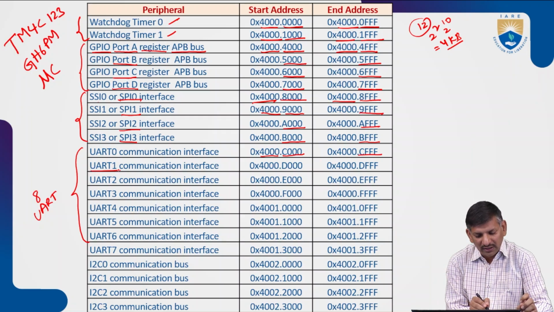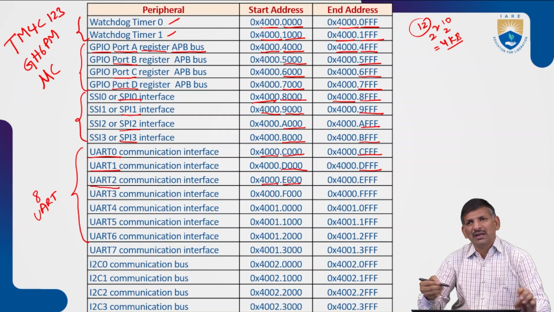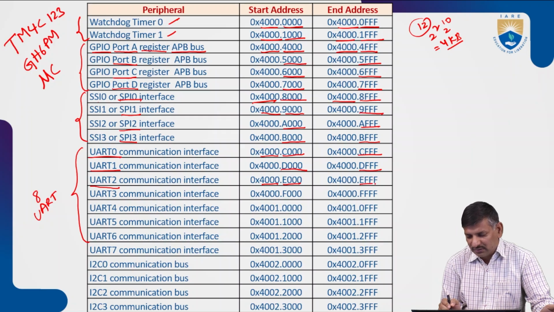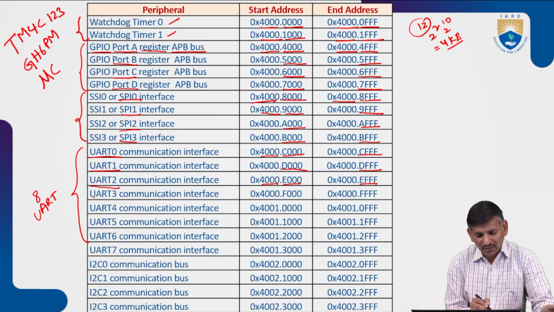For UART 1, D000 to DFFF. UART 2, continuation, plus 4 kilobytes, plus 4 kilobytes like that. They are assigning plus 4 kilobytes. UART 3, F000 to FFFF.